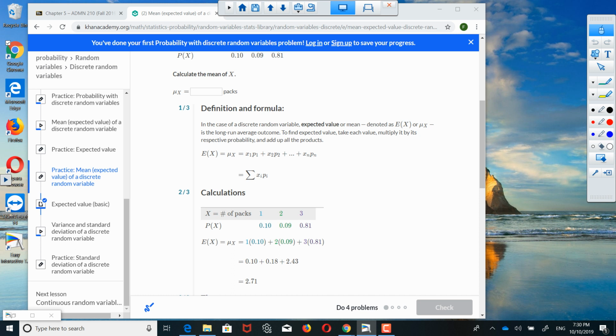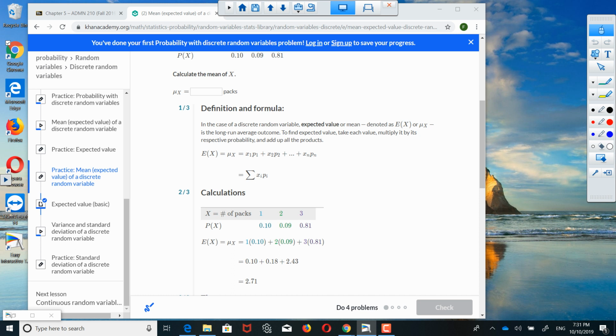So that means on average, he needs to buy about 2.71 packs of cards, and then he can get the card he wants, of course on average. He can buy, let's say, 1 pack and get the card he wants, or maybe he needs to buy 3 or 4 or 5.